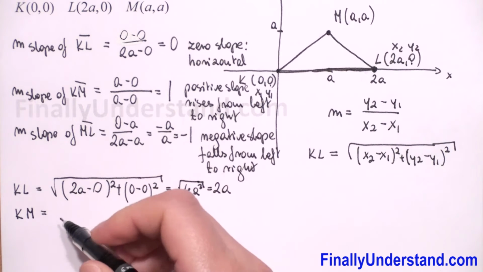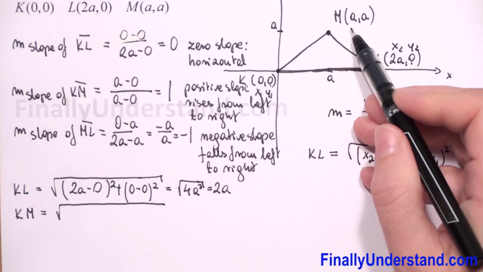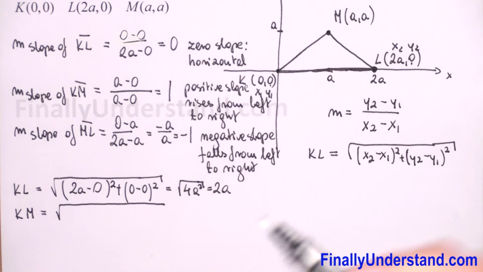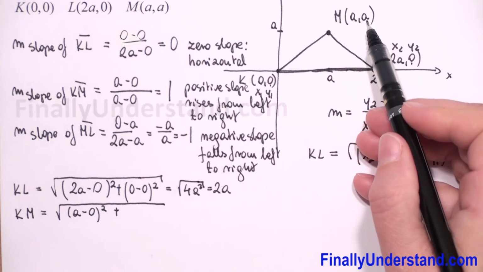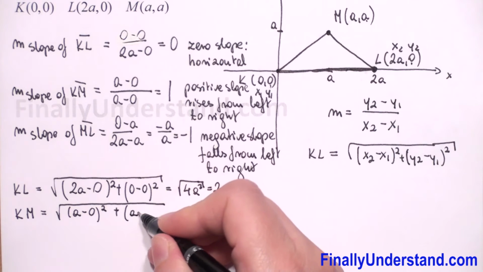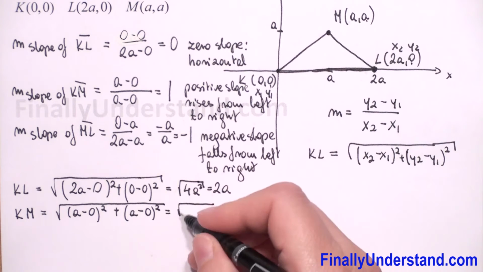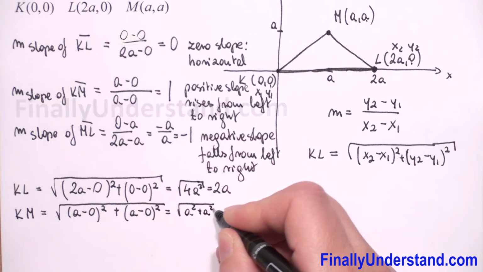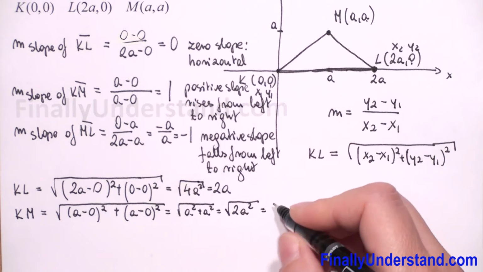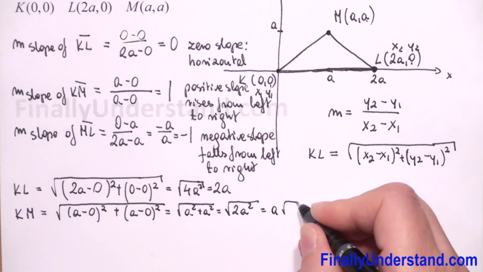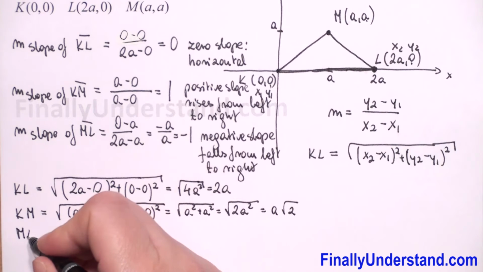Next we will find KM distance. So this is square root. And now M is the last. So we have a minus 0 to second power plus, and again we have a minus 0 to second power. So this is equal square root of a squared plus a squared is equal square root of 2a squared. So this is equal a square root of 2. And the last is ML.